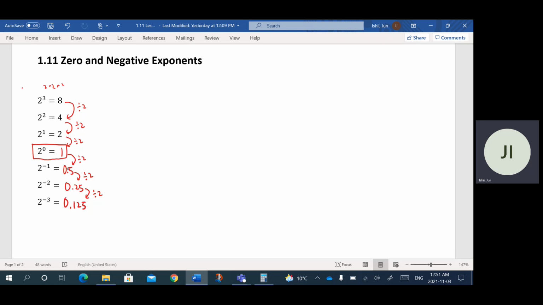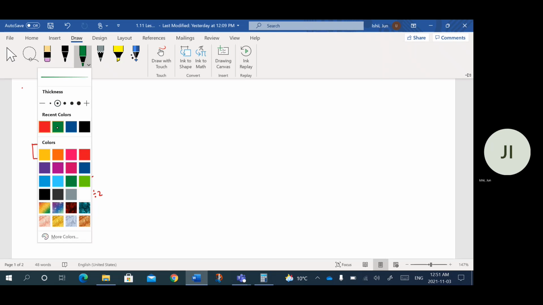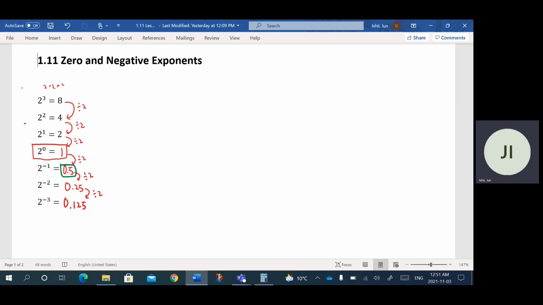Now, when it gets to the negative exponents, 0.5 is actually equal to 1/2. 0.25, hopefully you realize, is a quarter. And 0.125, which may not be as clear, is actually 1/8.